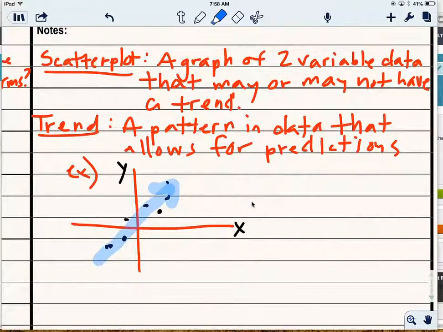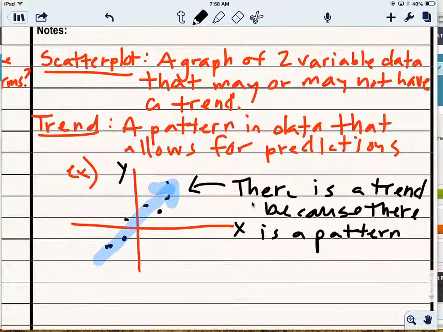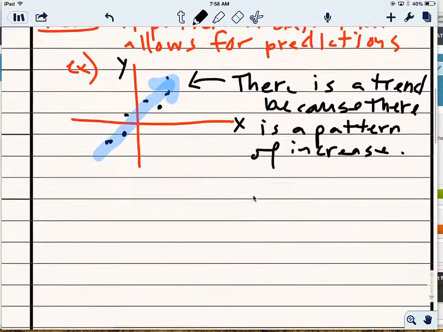You can see that there's a trend because there is a pattern of increase. You can kind of see it goes up and to the right. Because there's this pattern, we want to be able to estimate that pattern.